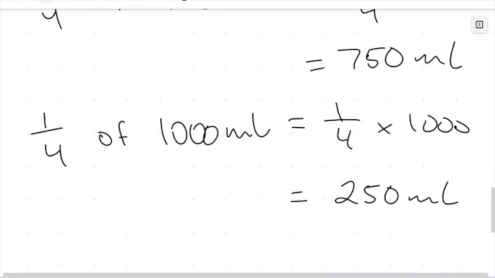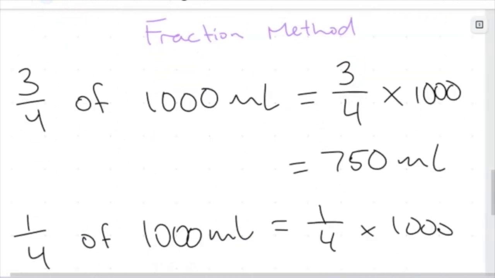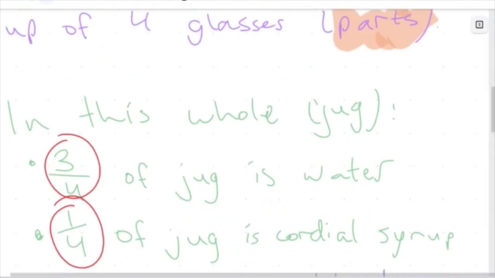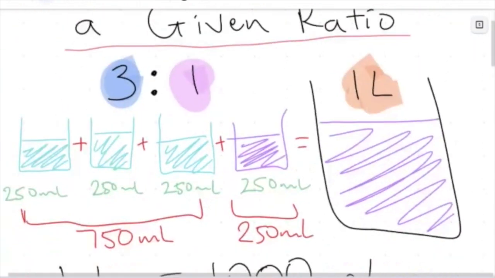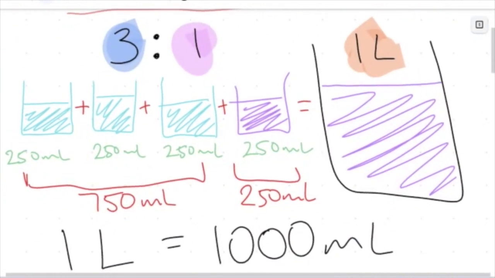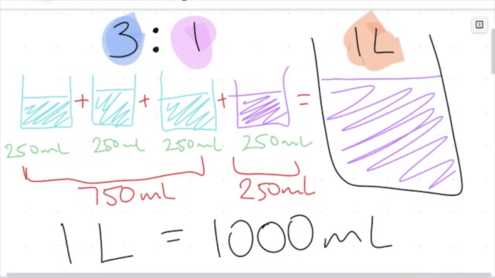All I want you to come out with by the end of this video is this understanding that my ratios for any question make up the parts of a whole. So these ones here, my 3 and 1, they make up 4 parts that went into a whole.